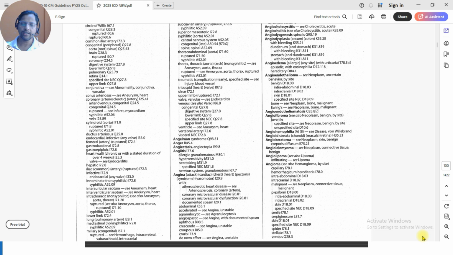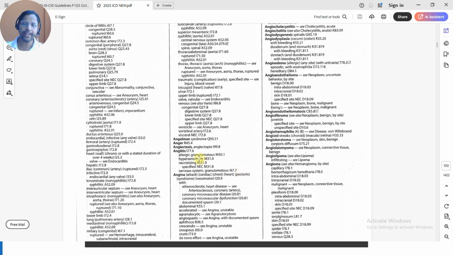This we will see in the index. For example, you are coding for angiitis. The default code is I77.6. Allergic granulomatous is M30.1, hypersensitivity M31.0, necrotizing M31.9, and nervous system granulomatous I67.7.